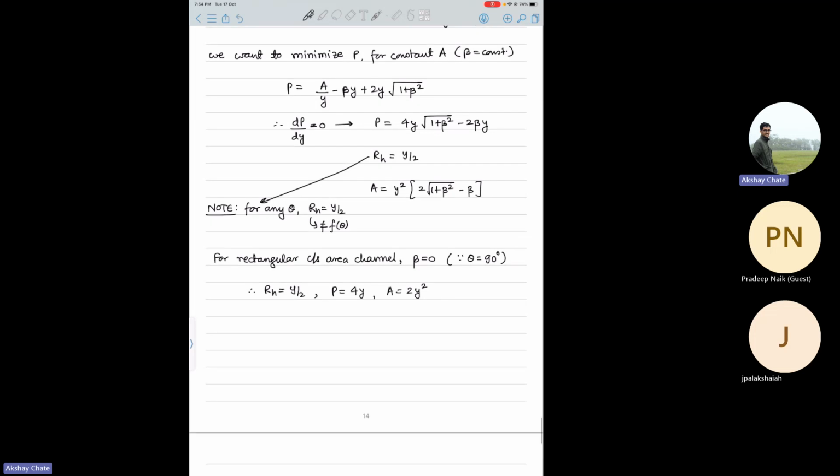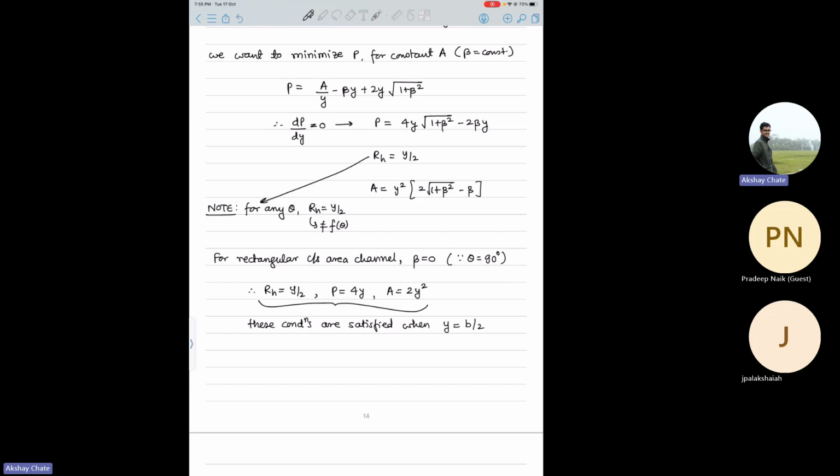So for an efficient rectangular channel, all 3 necessary conditions are satisfied when your flow depth is half of your channel width, which is b by 2.